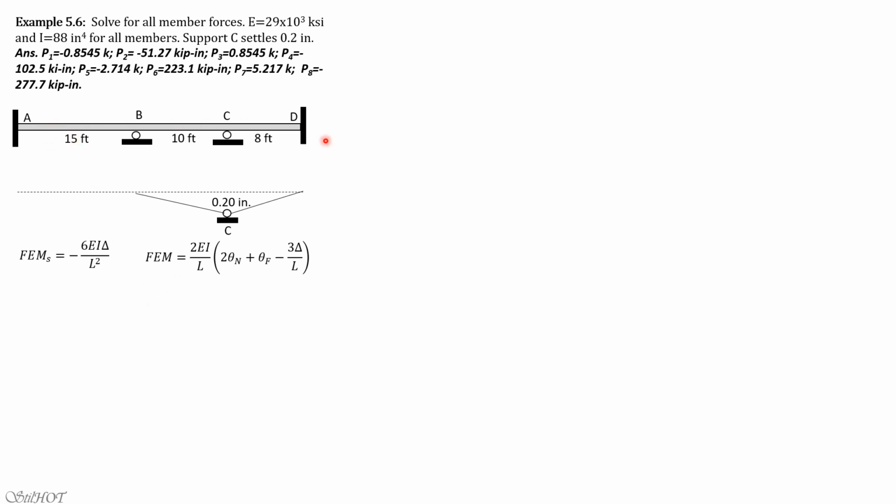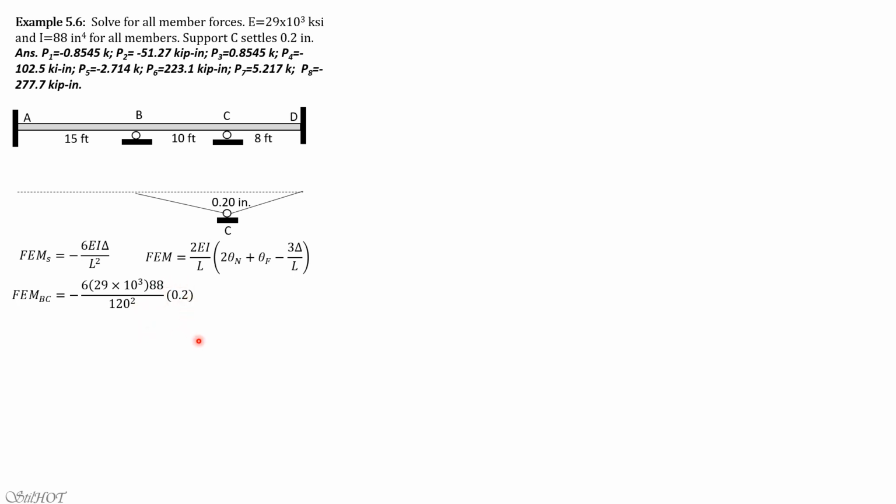Since there are no loads, the only fixed forces would be due to these fixed moments and the associated reactions. So for fixed moment AB, there will be no fixed forces. There are no loads and no settlement, only for BC. So for BC, negative 6, this is EI, 29 times 10 to the third ksi, times 88 divided by 120, span 10 times 12 is 120 inches square.